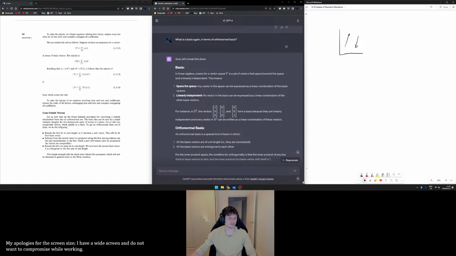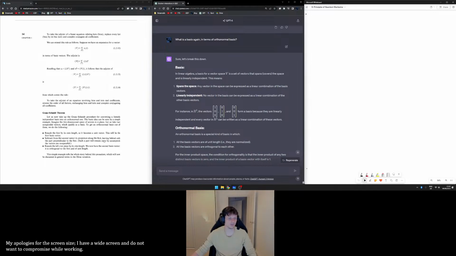It says, let us take two non-parallel vectors which qualify as a basis. So maybe we don't want to be drawing this because I wouldn't know how to draw them. Rescale the first by its own length so it becomes a unit vector. This will be the first basis vector. Subtract from the second vector its projection along the first, leaving behind only the part perpendicular to the first.